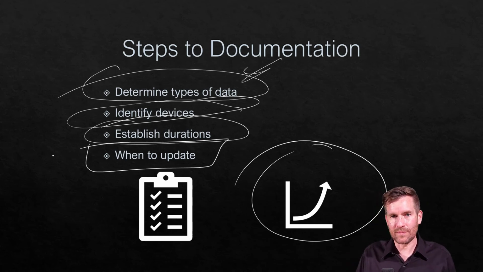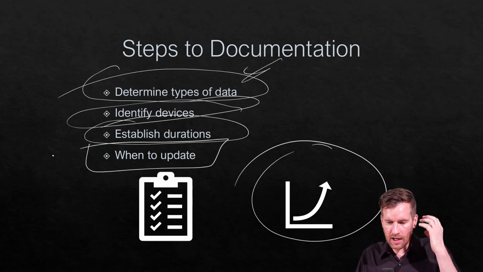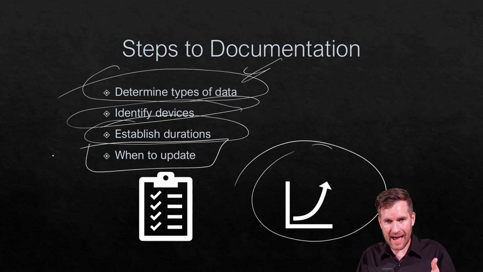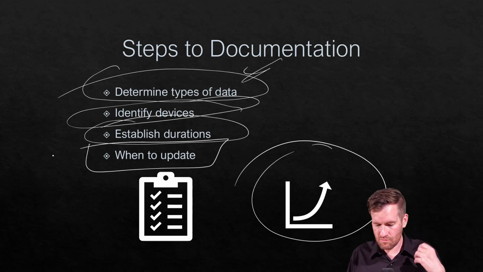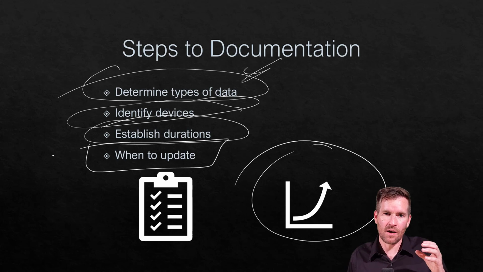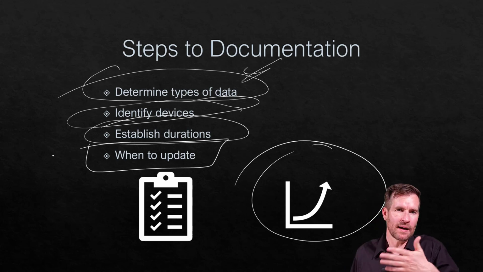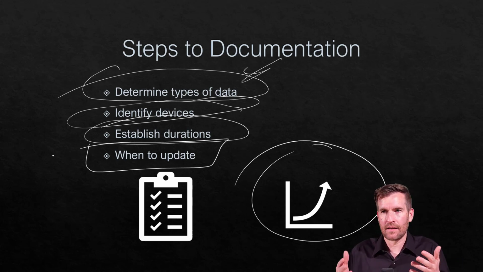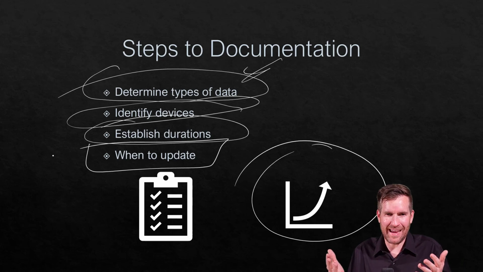So make sure you take a conscious effort of identifying what type of documentation you're going to have, where it's going to be located, and identify the devices, the durations, and when to update it. Think through all of these. And then one thing that has to happen is everybody on the team has to be on the same page.